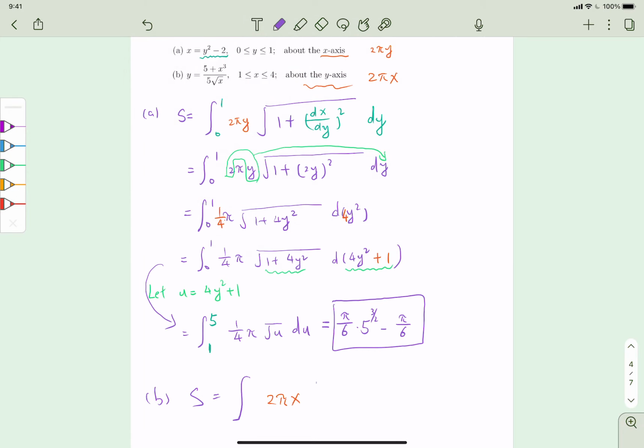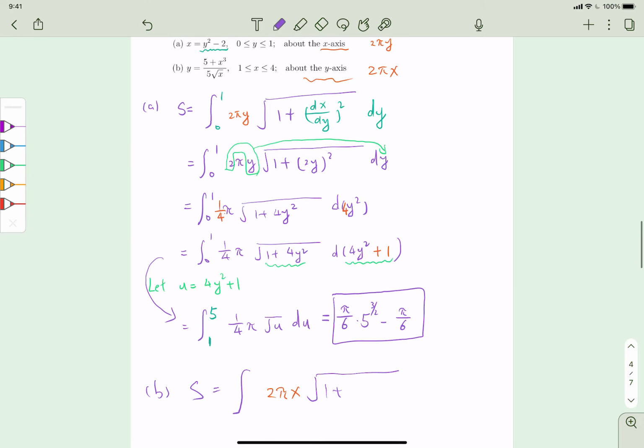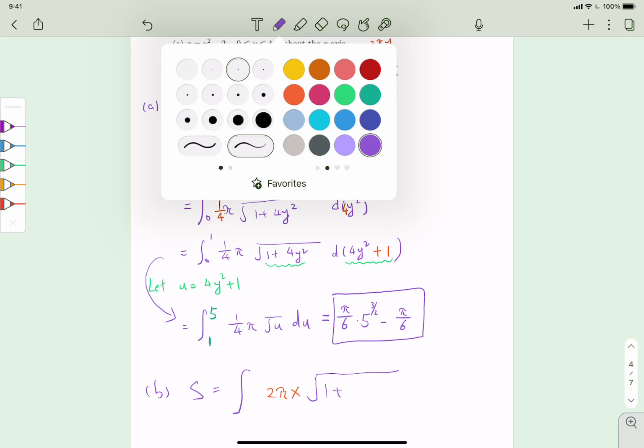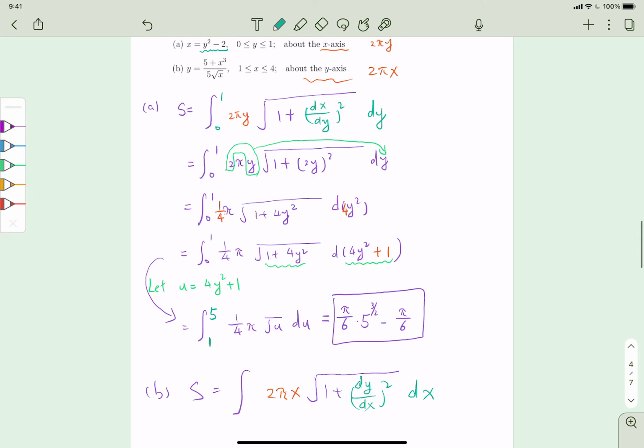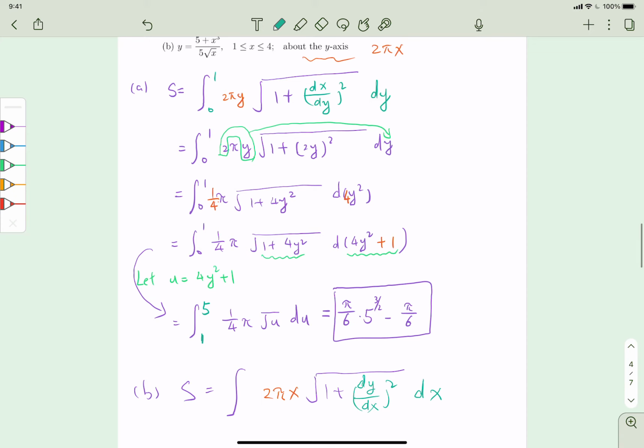Okay, and the other stuff here, that's 1 plus dy over dx in this case, obviously. So dy over dx square in terms of x now, okay? And I need my x bounds, that is from 1 to 4, already given. And now it has been set up.